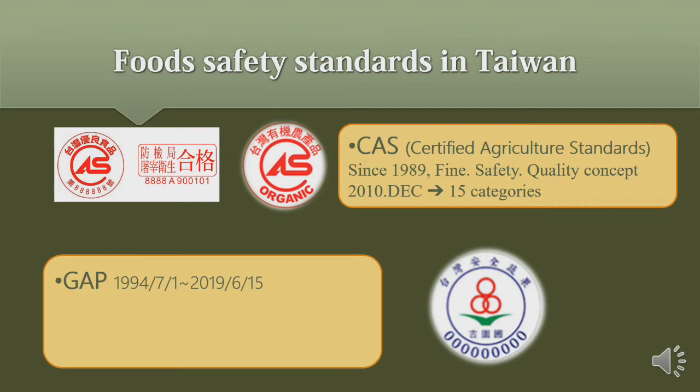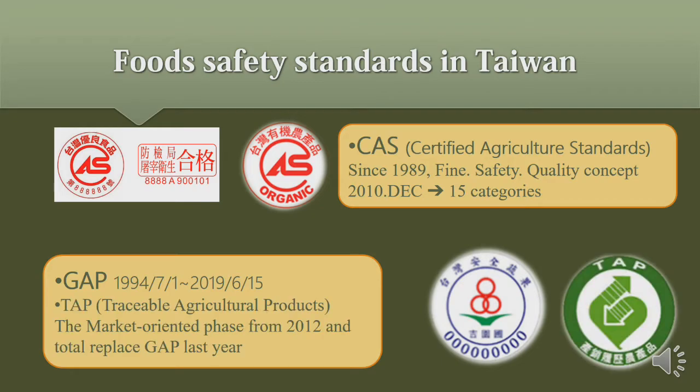Because it was only for vegetables and fruit, it was not as wide as CAS, and not as direct as the TAP. That's why it ended. A lot of people also doubted that the examination was not so fair. So GAP is finished.